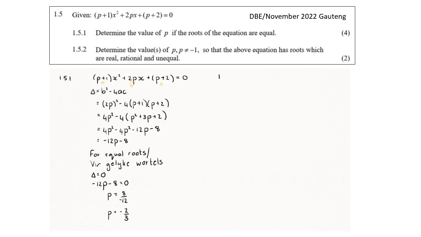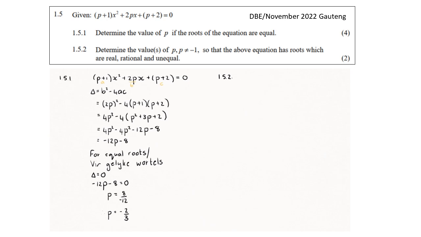In question 1.5.2, we need to determine the value or values of p, where p is not equal to negative 1, so that the above equation has roots which are real, rational, and unequal. The reason why they say that p is not equal to negative 1 is simply because if p is equal to negative 1, the coefficient of x squared will be equal to 0, and this will no longer be a quadratic equation.